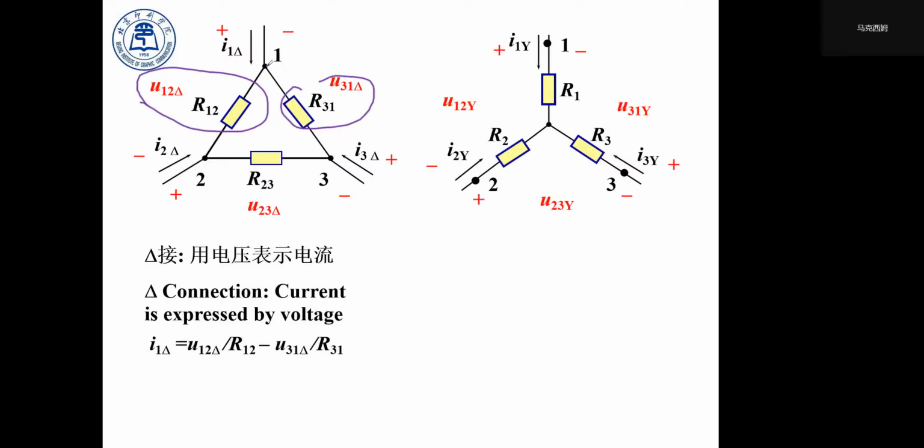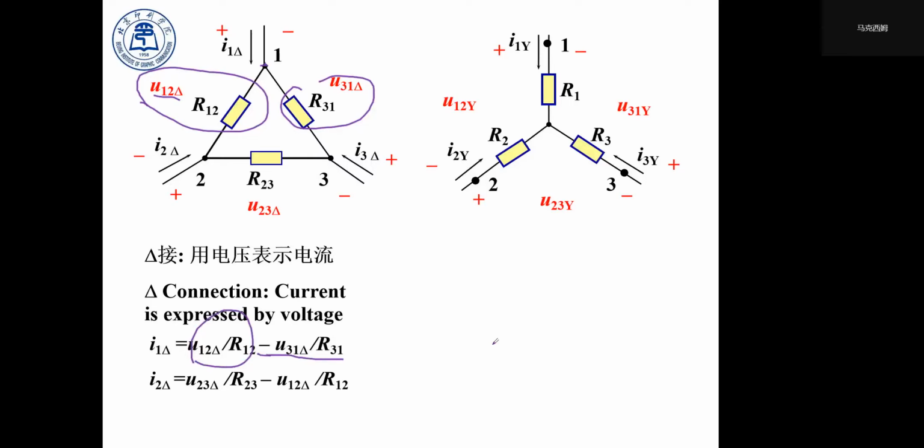By using Kirchhoff's current law at point A, the current flowing in must equal the current flowing out. We assume the direction of U12 is positive, higher on the upper side, and U31 delta is negative on the upper side. So this one takes a negative sign, and the first part is positive.